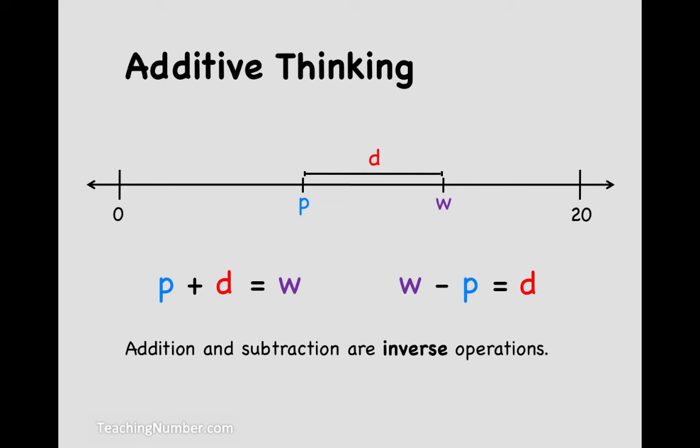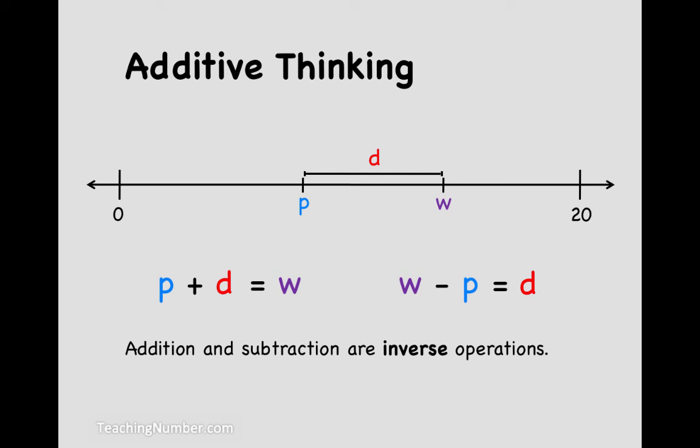It's still the same t-shirt. You just turned it inside out. Subtraction is actually the same operation as addition. It's just turned inside out. That's why when we are talking about additive thinking, we're talking about both addition and subtraction.